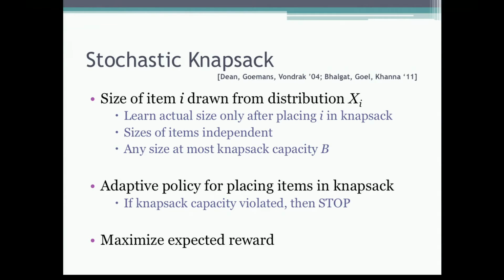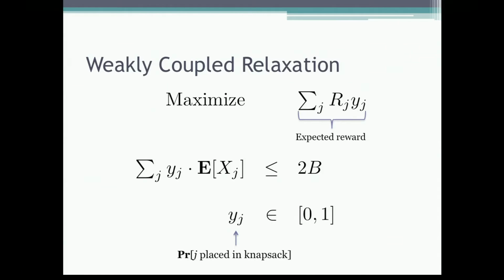Just as before, you can write an LP where the variables are y_j, the probability that the policy places item j in the knapsack. It's a number between 0 and 1. The expected reward of the policy, since the reward values are deterministic, is the reward of j times the probability that j is placed in the knapsack, summed over all j.